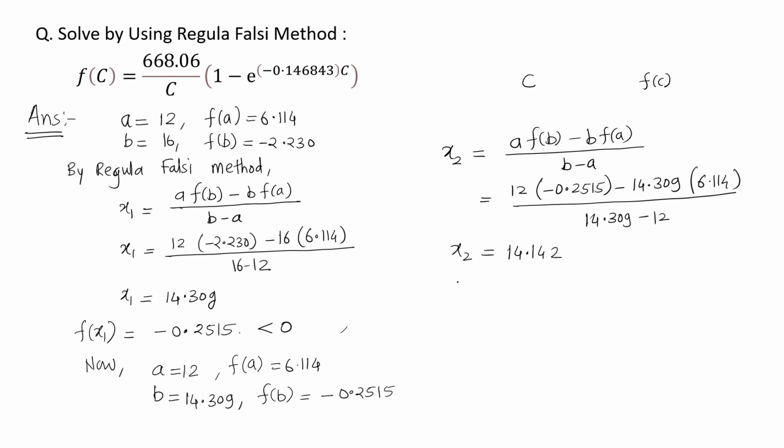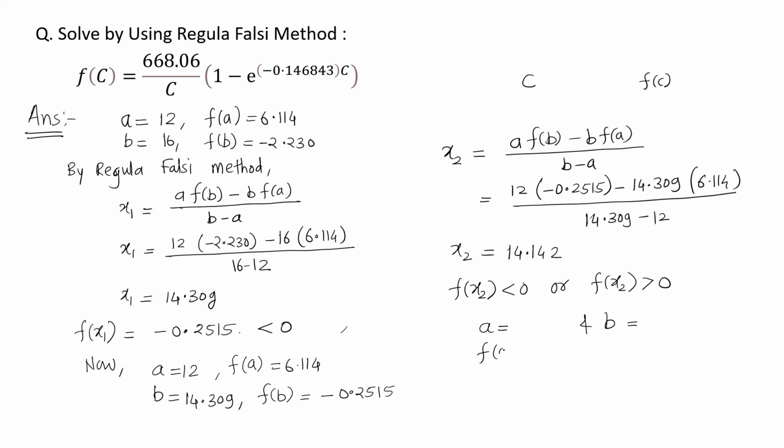So again check the value at f of x2. Check whether it is negative, less than 0, or greater than 0, and according to that assign the values to a and b.